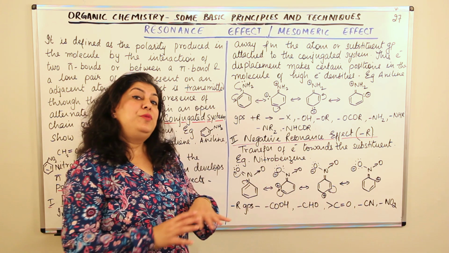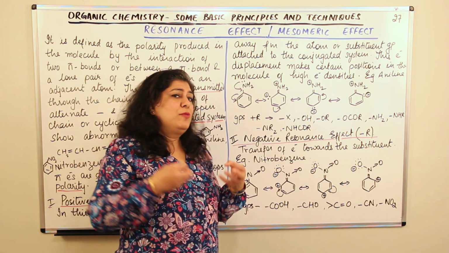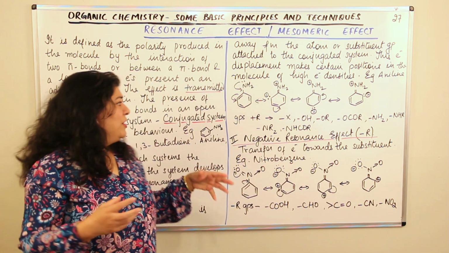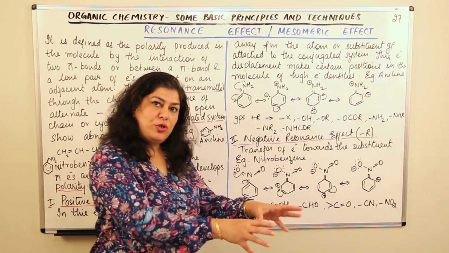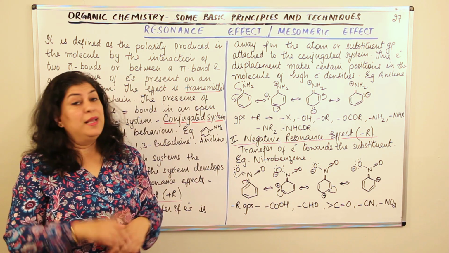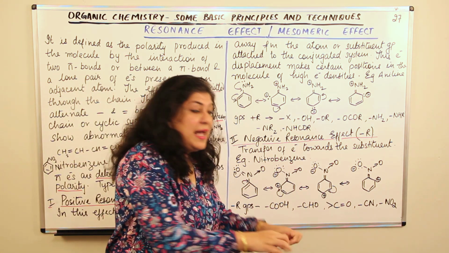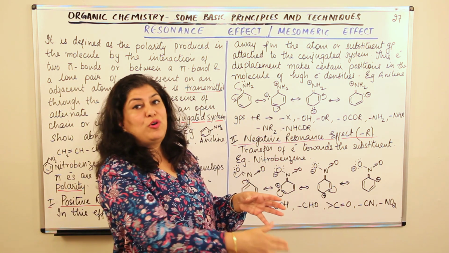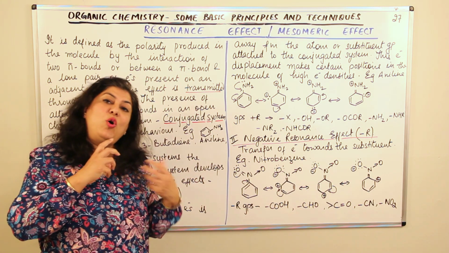Negative resonance effect would be the opposite. Negative resonance effect means sucking out the electrons. You have a group which is attached, which instead of giving electrons to the system is going to take away electrons from the system. The effect is going to be the same. Whether you push electrons and force the next bond to move away from it, if you suck electrons away, the opposite happens.